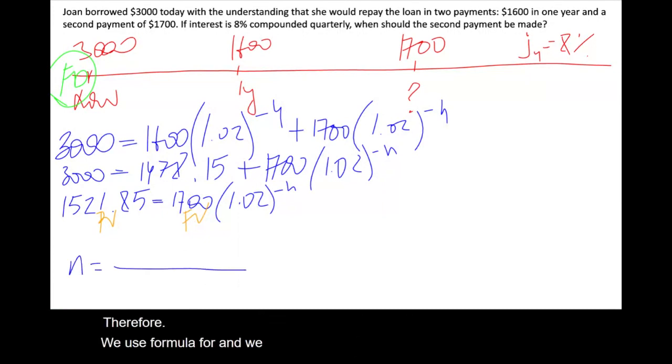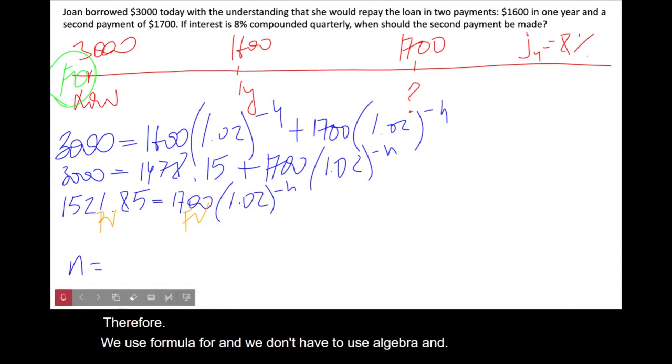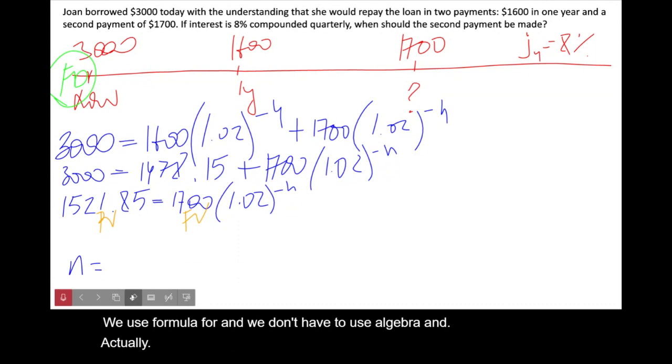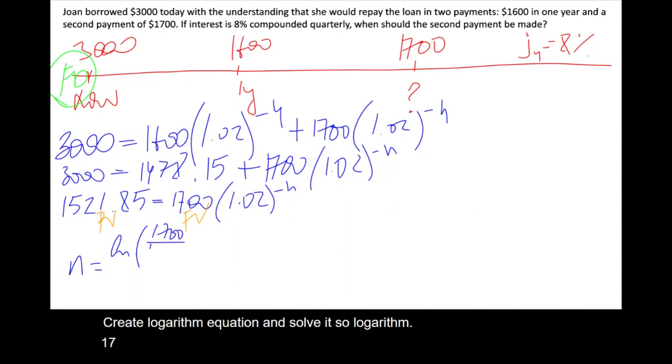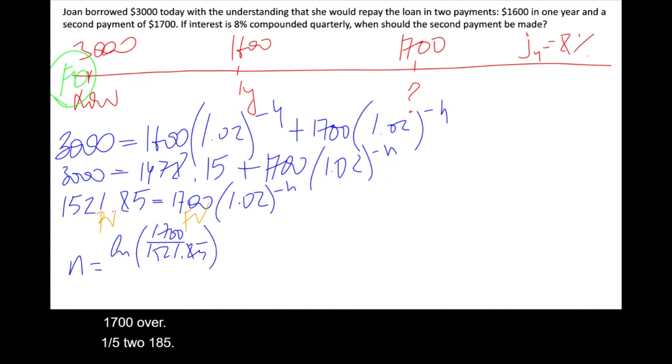We don't have to use algebra and actually create a logarithmic equation and solve it. So logarithm 1700 over 1521.85, over logarithm 1.02.